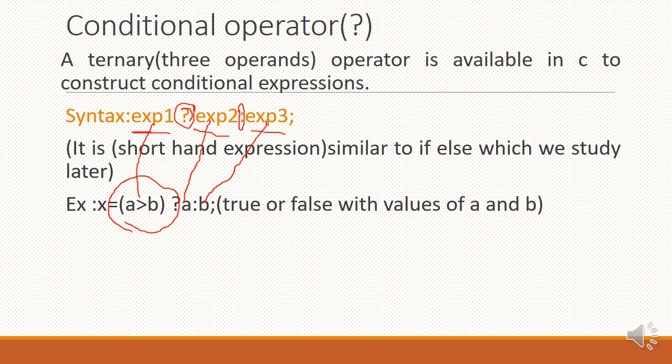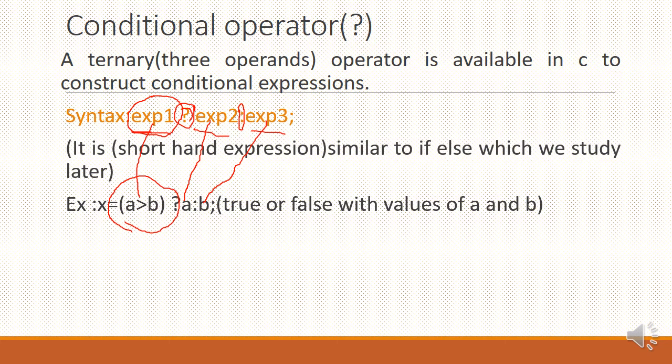That you should understand. It is going to execute expression 1, whatever you are writing in expression 1. If this is true, expression 2 is the answer. If this is false, expression 3 is the answer.